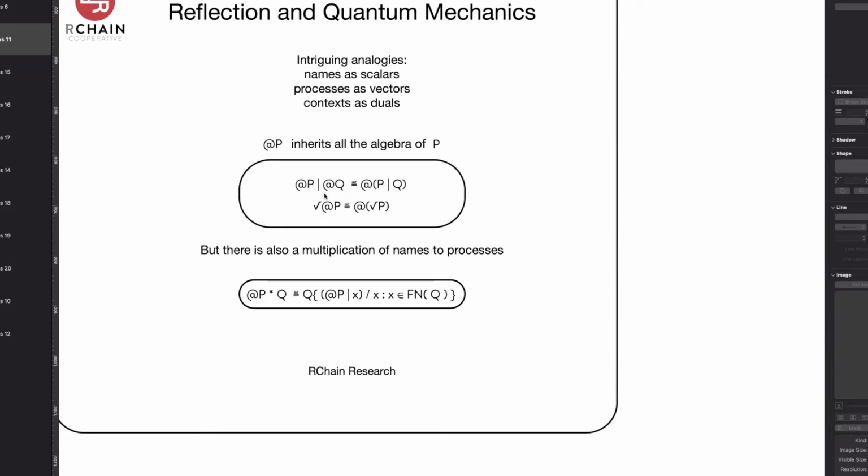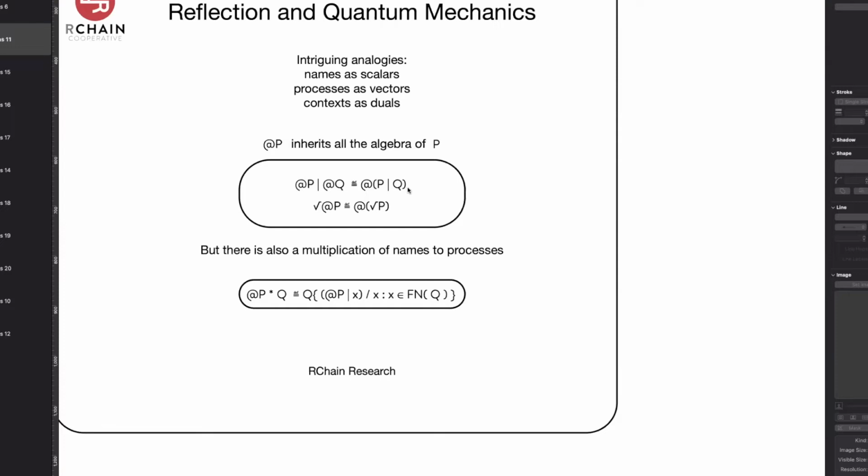All I'm saying is, if you hand me a pair of names, I can define par of a pair of names, right? And the way I do that syntactically is, well, since you handed me whatever process you handed me, whether it's a send or a receive or a star at or anything, or another par, it doesn't matter. You hand me a P, and you hand me a Q. Well, then there is a syntactical thing, which is P par Q, right?